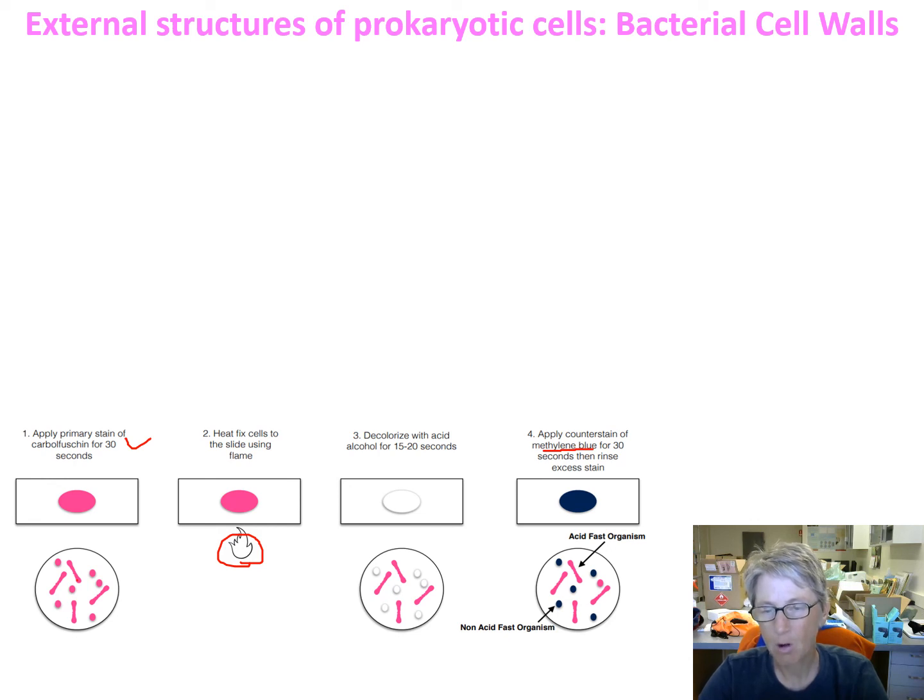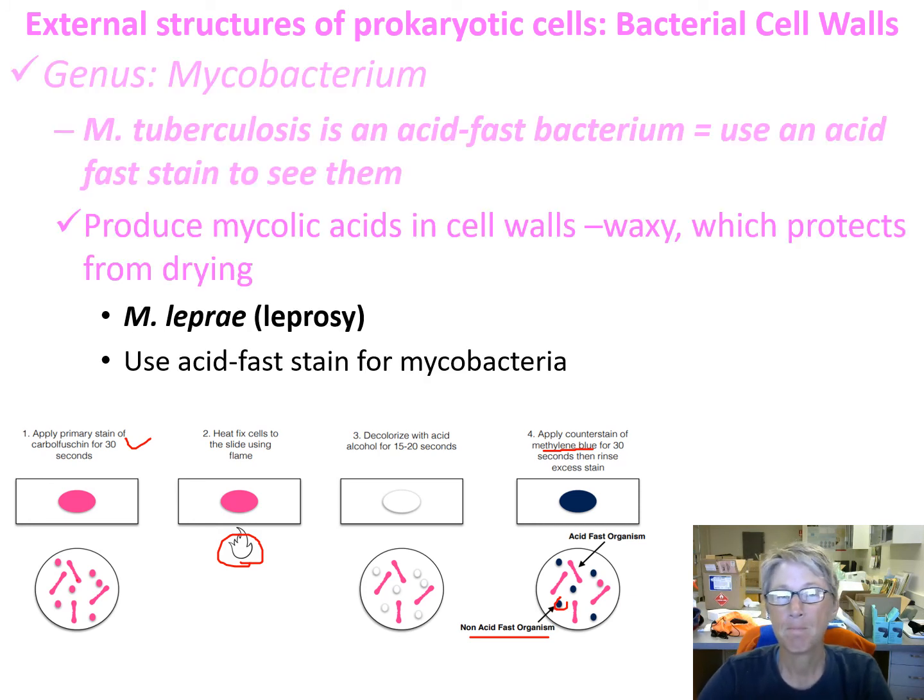And if you are an acid-fast organism, you didn't get decolorized. But if you are a non-acid-fast organism, you were decolorized, and then you were counterstained with this methylene blue. Okay, so tuberculosis, they call it an acid-fast bacterium. So you have to use an acid-fast stain if you want to see them.